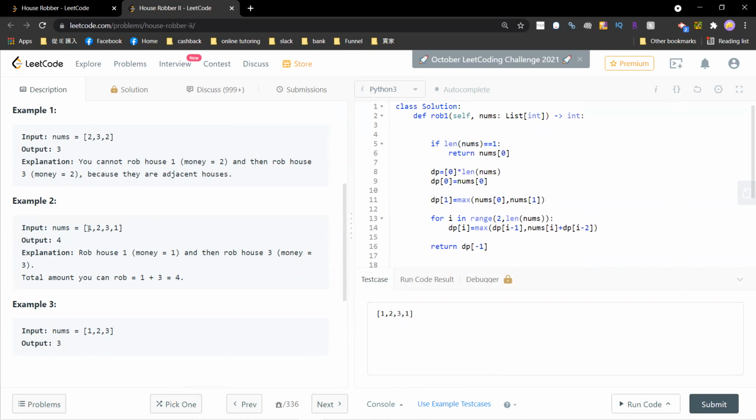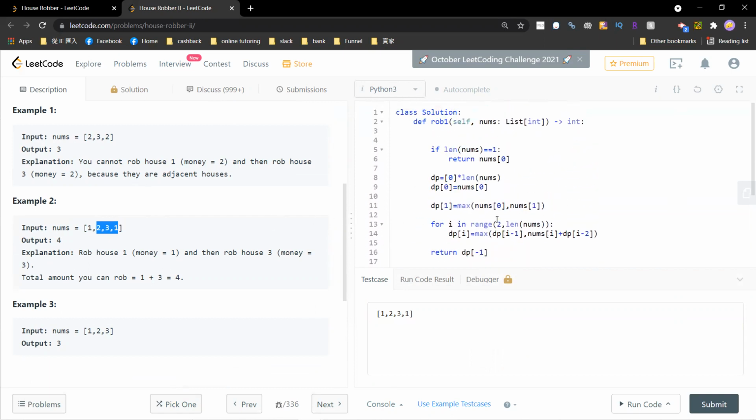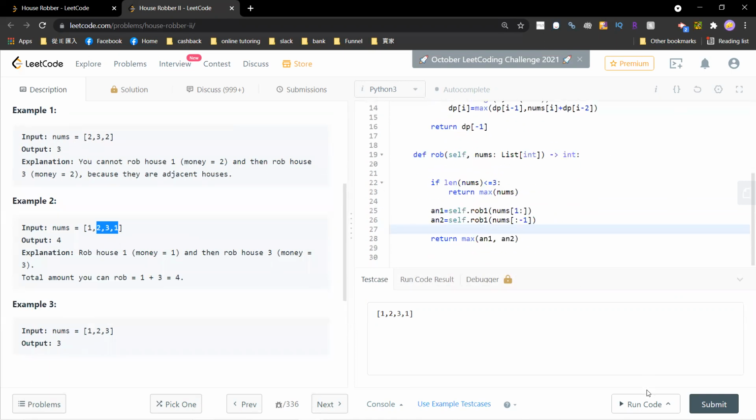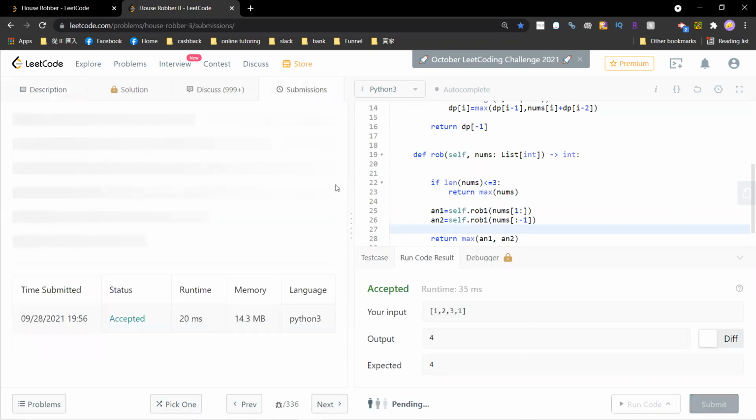If you only run this, you get the answer 4, 3 plus 1, and your answer is 3, so the answer must be 4. I guess this will be the answer. Let's see. Okay, it's correct, so let's submit.